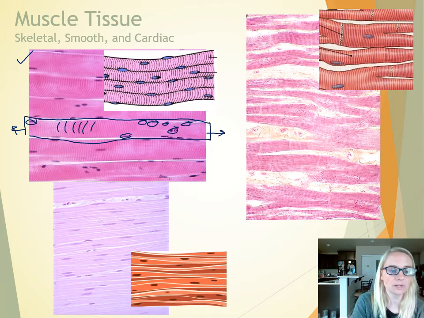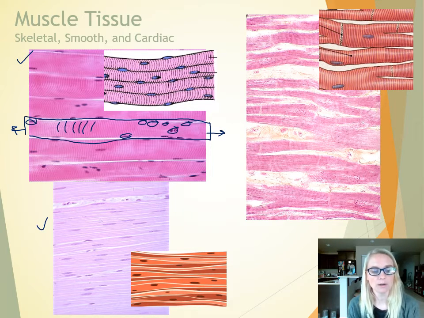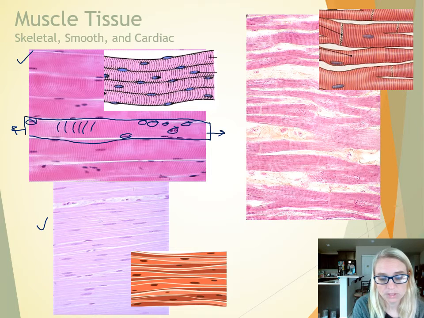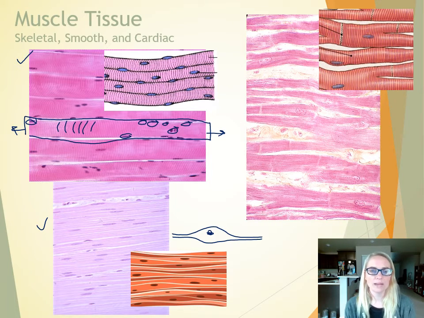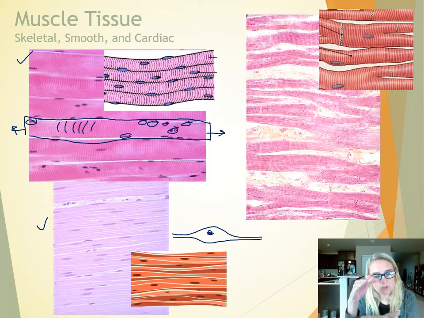The next one we'll talk about is smooth muscle. That's this picture down here. Smooth muscle, as you can see by the name and the picture, doesn't have the striations. So they are not striped. They're smooth. They are not long and fibrous. They're spindles, which is kind of like something like this, a little fat in the middle with a single nucleus. That is your smooth muscle, and they're all kind of squished together.